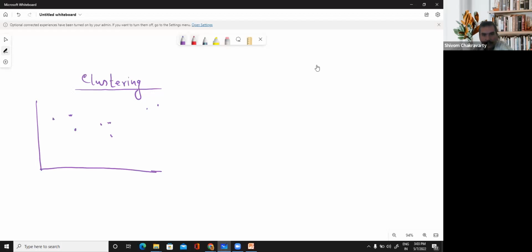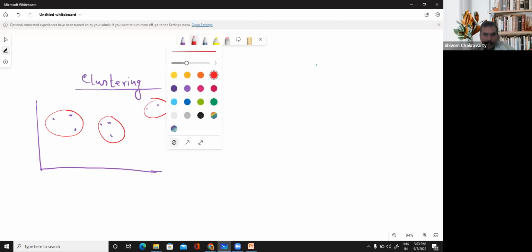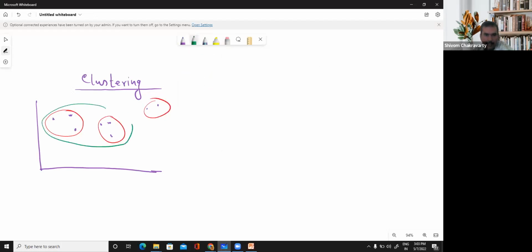What we are interested in now is how we can group these outcomes together. Whether grouping like this makes sense, or whether grouping these two together and this third together makes sense. These decisions we take in clustering. So how do we do that?